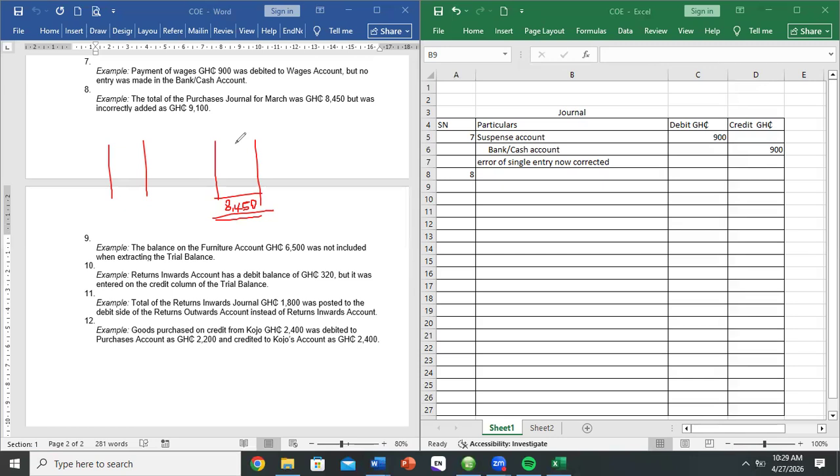So what do we do to correct this error? I told you that if it is a casting error, ask yourself, what has been cast wrongly? The error that we read, what has been cast? We can tell that it is the total of the purchases journal that has been cast wrongly. And what balance does that total purchases have, a credit balance or a debit balance?